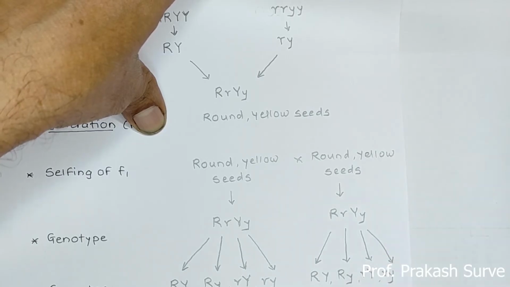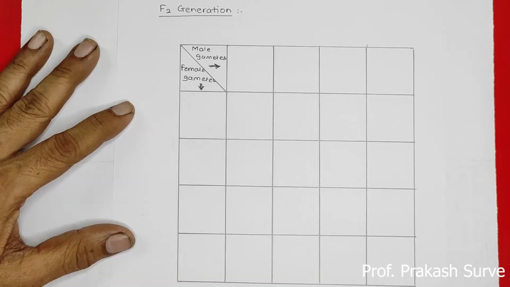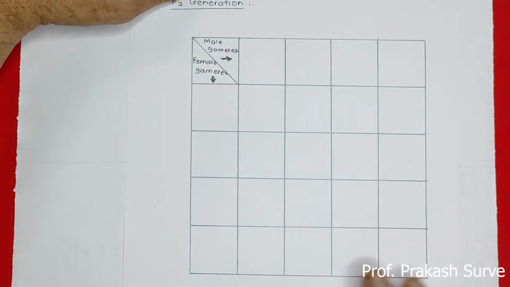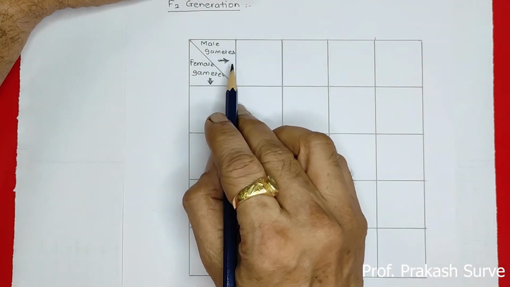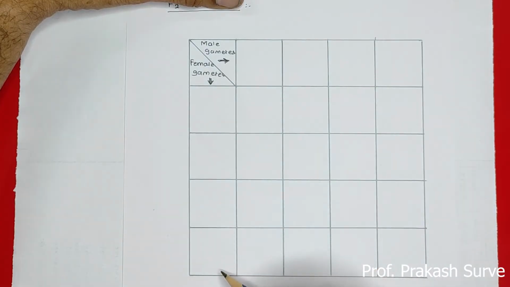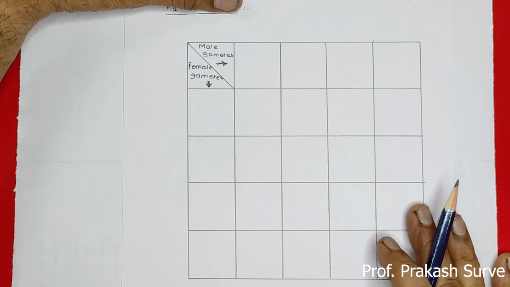Now these gametes we have to mention in the Punnett square. This is our F2 generation, which is a Punnett square or checkerboard. Here we'll mention all the male gametes and here all the female gametes. We got four types of gametes in the male and also in the female.